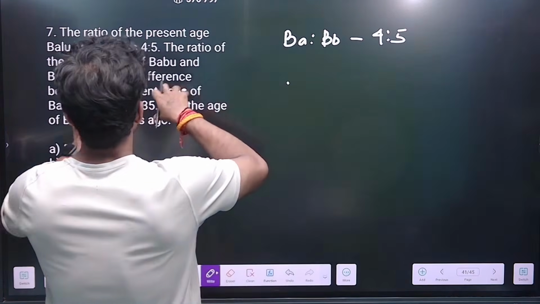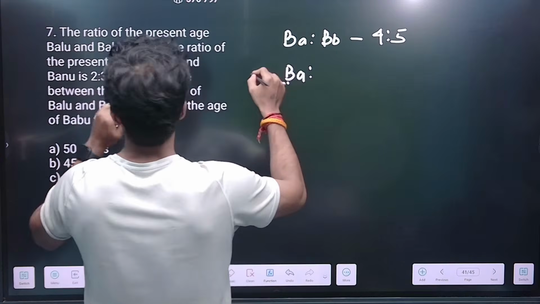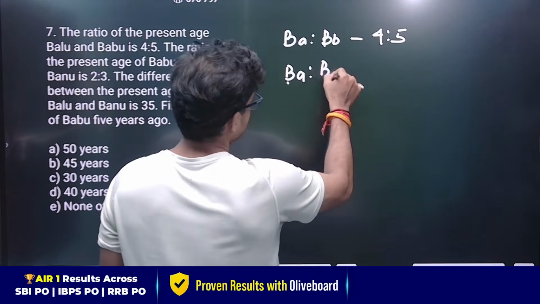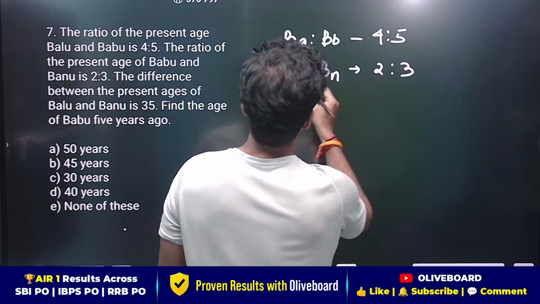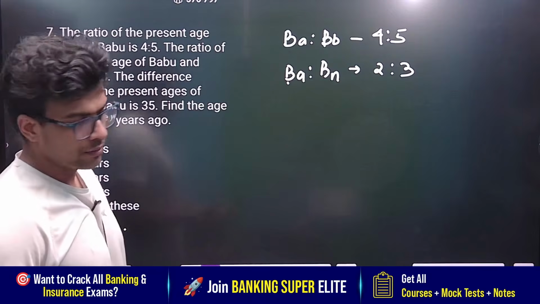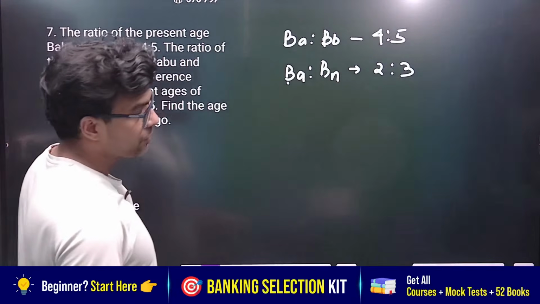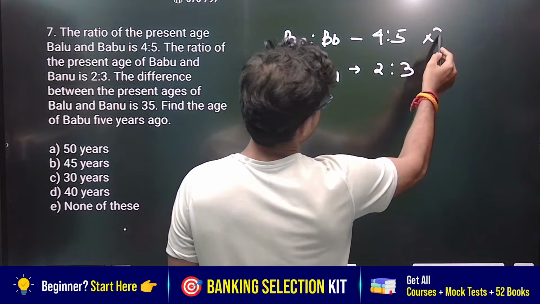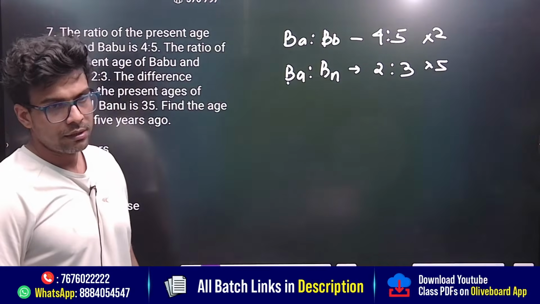Then the ratio of present age of Babu, BA, to Banu, BN, I would say, is basically 2:3. So guys, what should I do? Can I multiply this by 2 and by 5? This will make sense, correct?